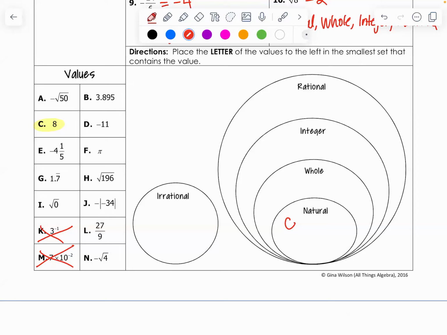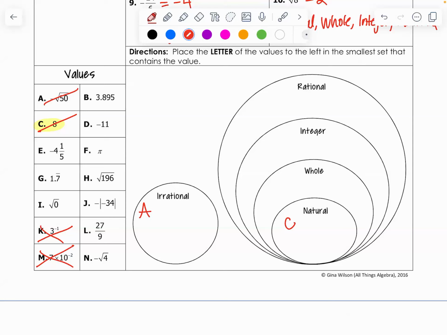Okay, square root of negative 50. Is 50 a perfect square? So when we take the square root of it, where's it gonna go? Irrational. Okay, 3.895.